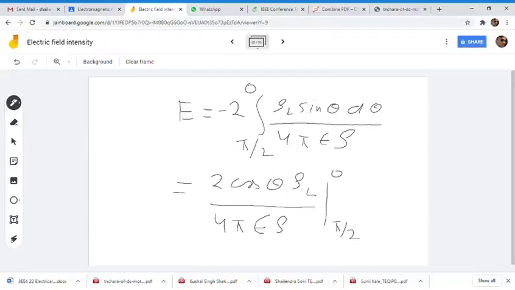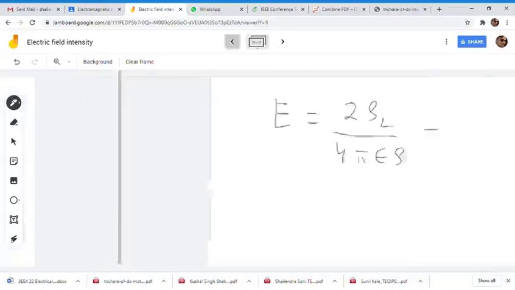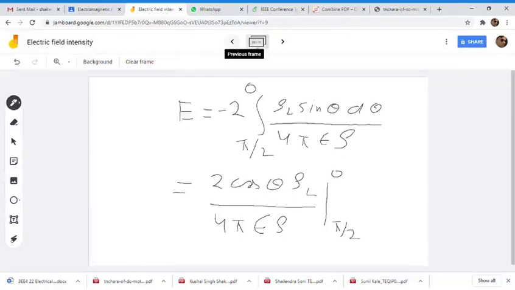So you can easily solve this. When you put 0, cos 0 is 1, so the electric field will be 2 rho L upon 4 pi epsilon rho, minus the lower limit, that will be pi by 2.